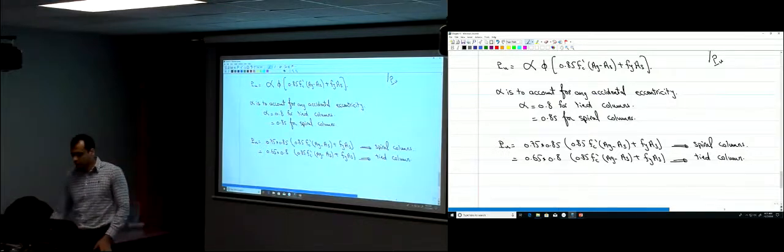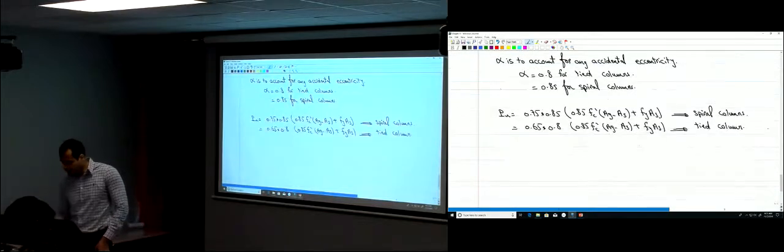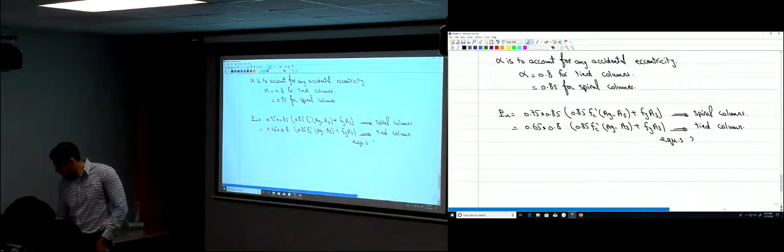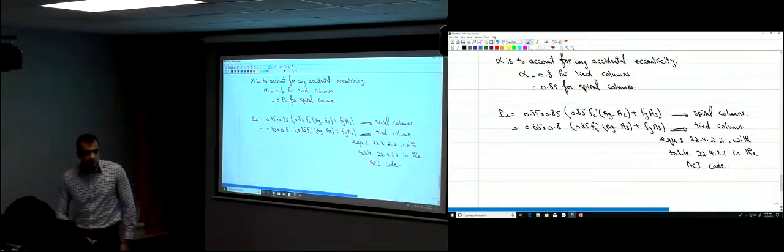Those two equations are so simple you can memorize them, but if you don't want to memorize them, they are equations 22.4.2.2 with table 22.4.2.1 in the ACI code. Okay?